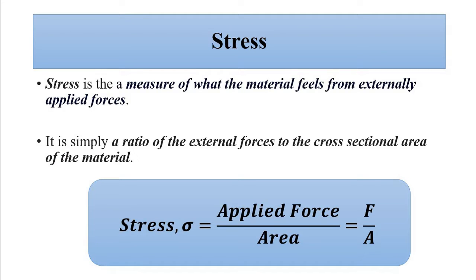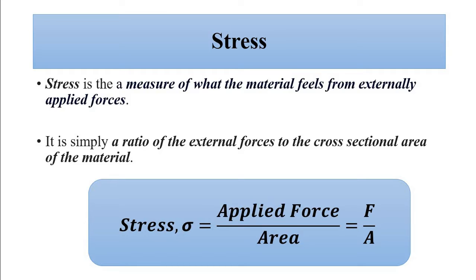So first, stress. Stress is a measure of how a material responds, in terms of its change in dimensions, that is length and volume, when force or pressure is applied on it. It is the response to force or pressure.